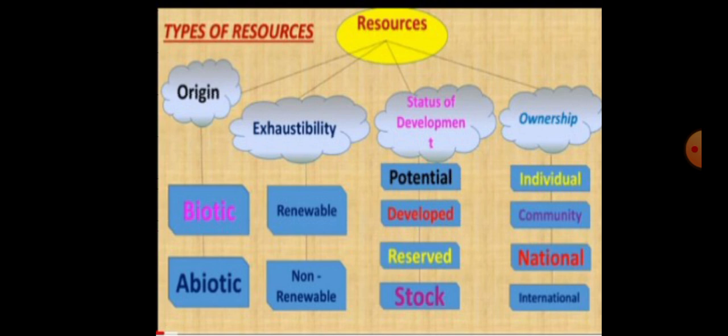Biotic and abiotic give the origin, their existence, from where they come. Exhaustibility: whether they can be renewed or are non-renewable. On the basis of status and development, we have potential, developed, reserved, stock. Ownership: we have individual, community, national, and international.